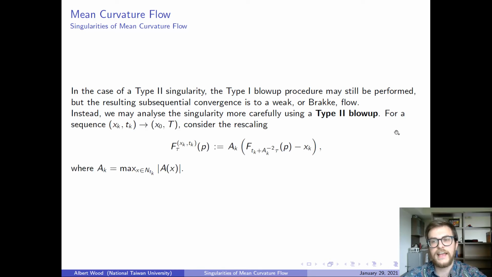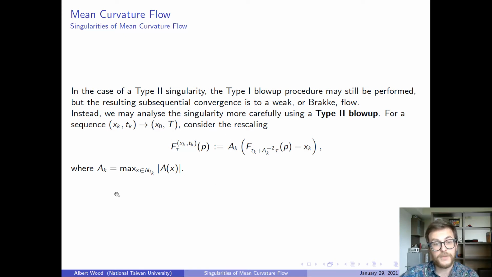What we do is, instead of focusing in on the space-time singular point and performing our parabolic rescalings focused there, we track the point of highest curvature on a sequence of times leading up to the final time. And we perform our rescaling around the point of highest curvature at those times and scale by a factor such that the maximum of the second fundamental form at that time is equal to 1 over the manifold.